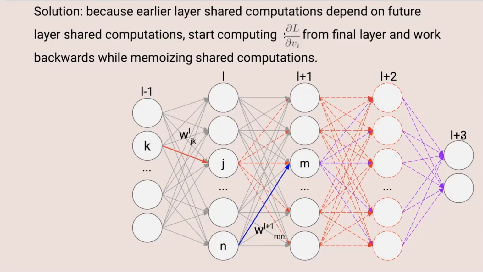And so what happens is that because we're memorizing things as we go further and further back, computing the overall gradient for this neural network is going to be linear in the number of layers. So it's going to take O(n), where n is the number of layers. In contrast, if we didn't do this, then we would have to recompute all these shared values over and over again, and that could easily be exponential time.